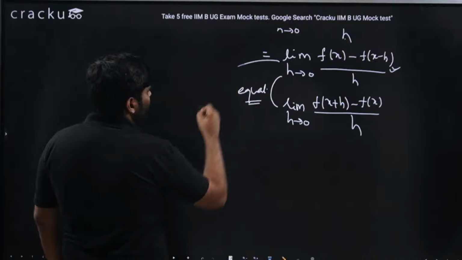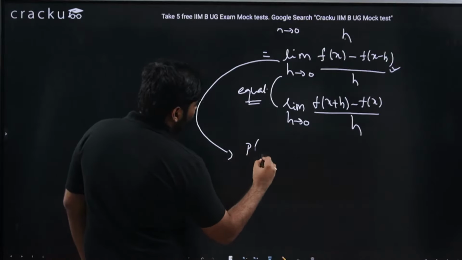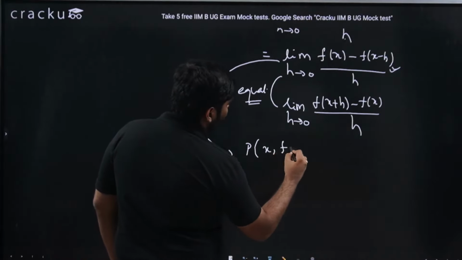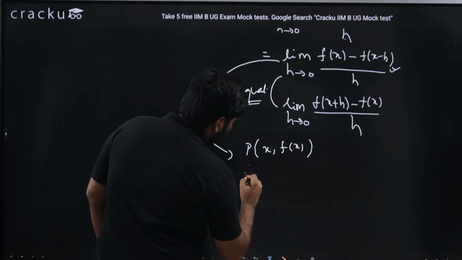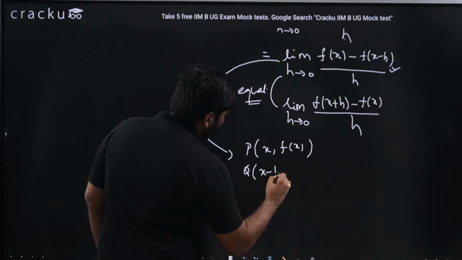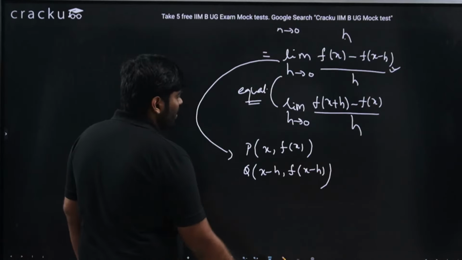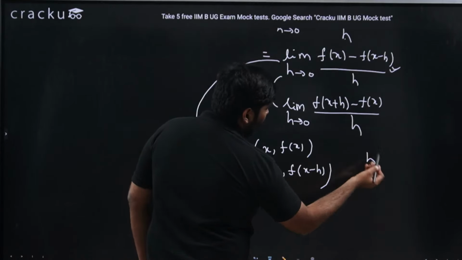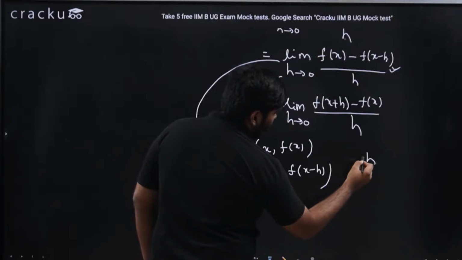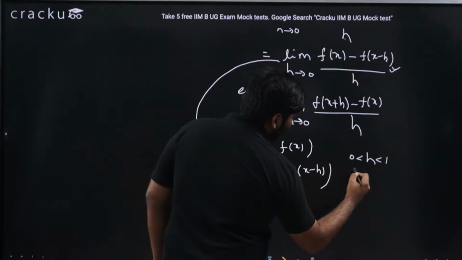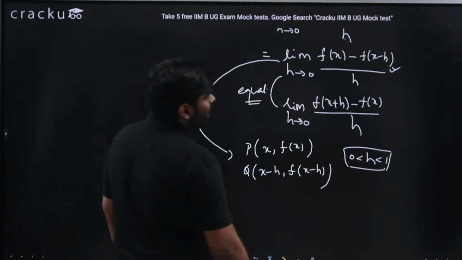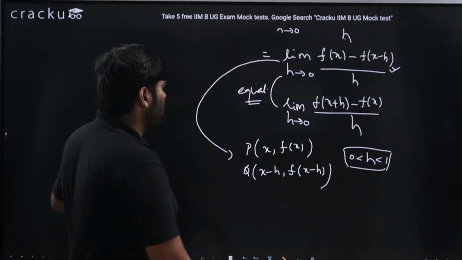See, now in this particular case, we are seeing the change between x comma f of x, and point q, which would be x minus h comma f of x minus h. The value of h is between 0 and 1, but it is an infinitesimally small value.